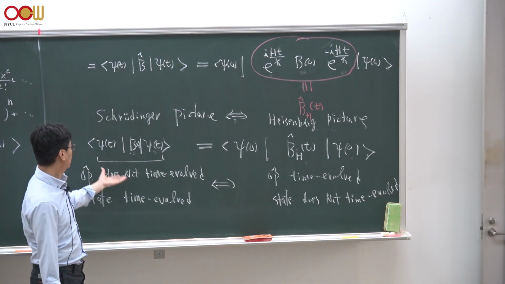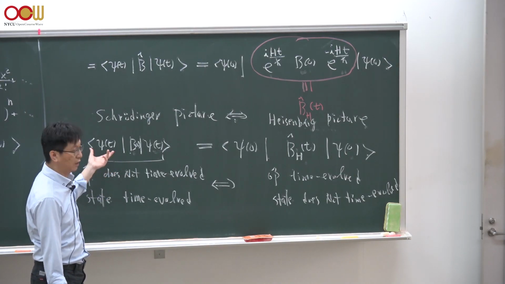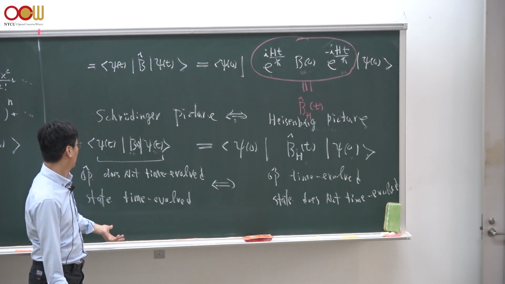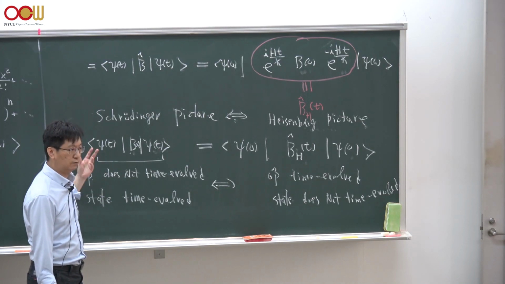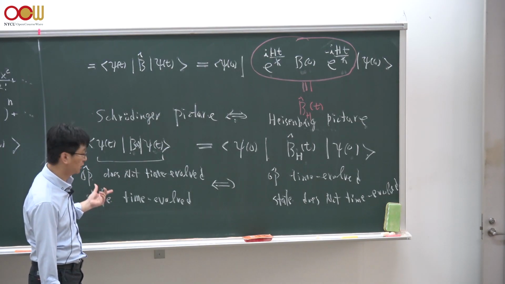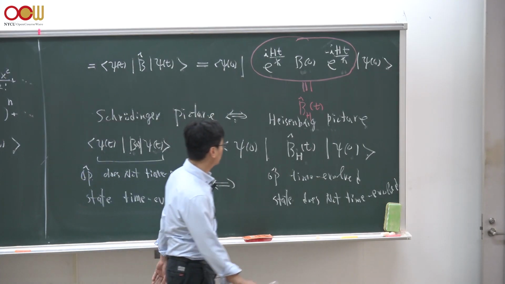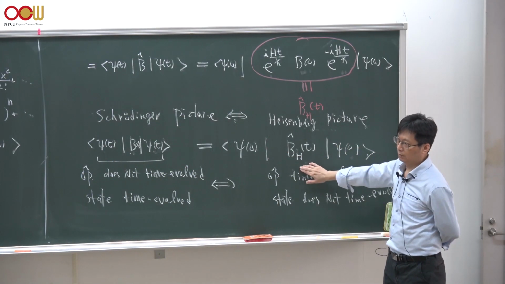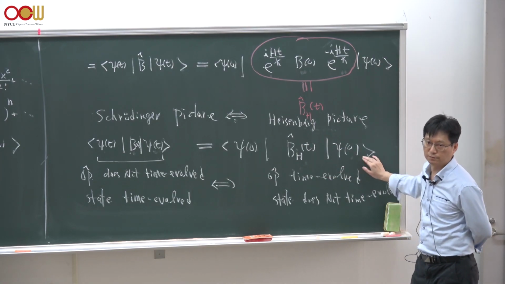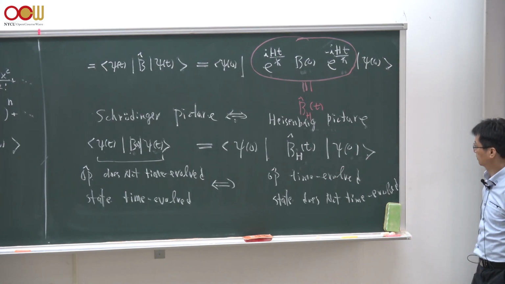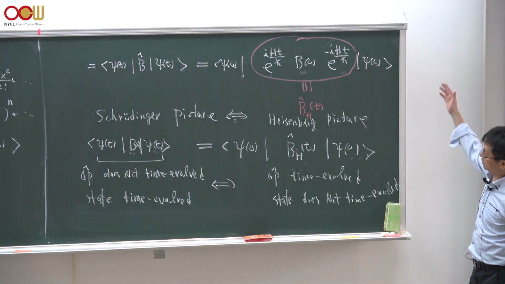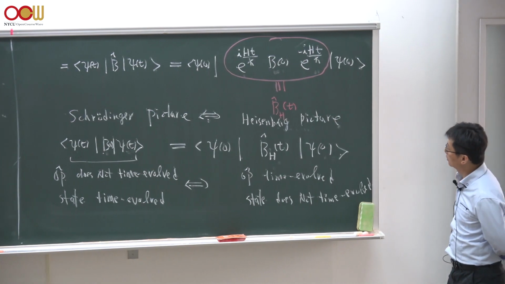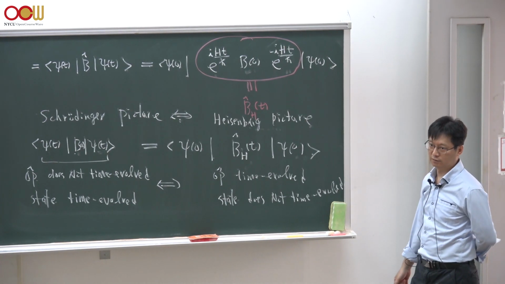So we could calculate this matrix element in the Schrödinger picture, where we fix the operator at a particular time, the initial time, but we time-evolve the states. We could also do it a different way, where we time-evolve the operator, but we keep the state at a fixed time, which is the initial time. So you can see that these two approaches are identical.